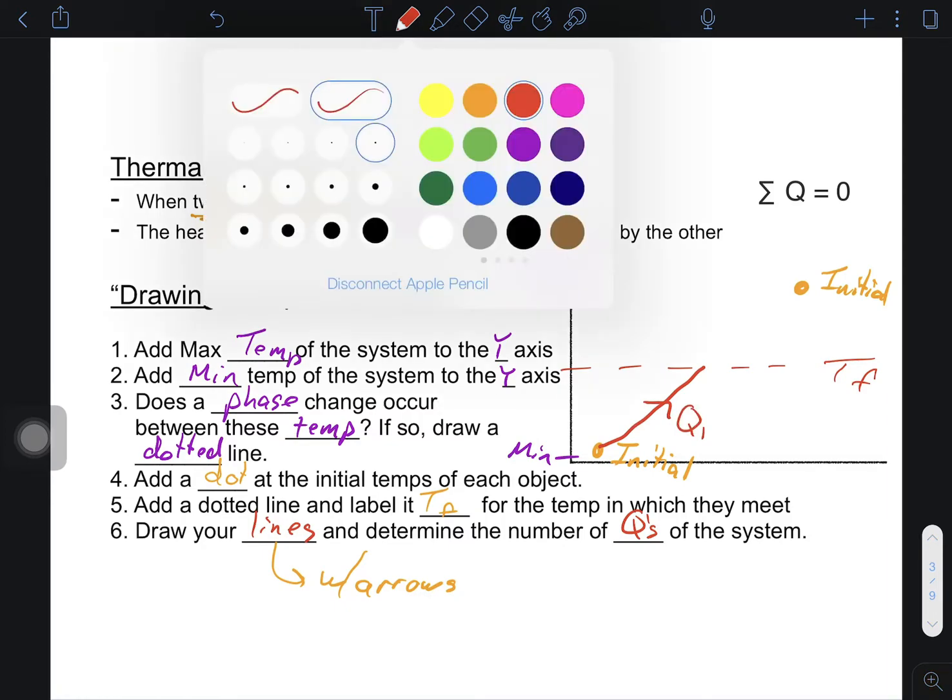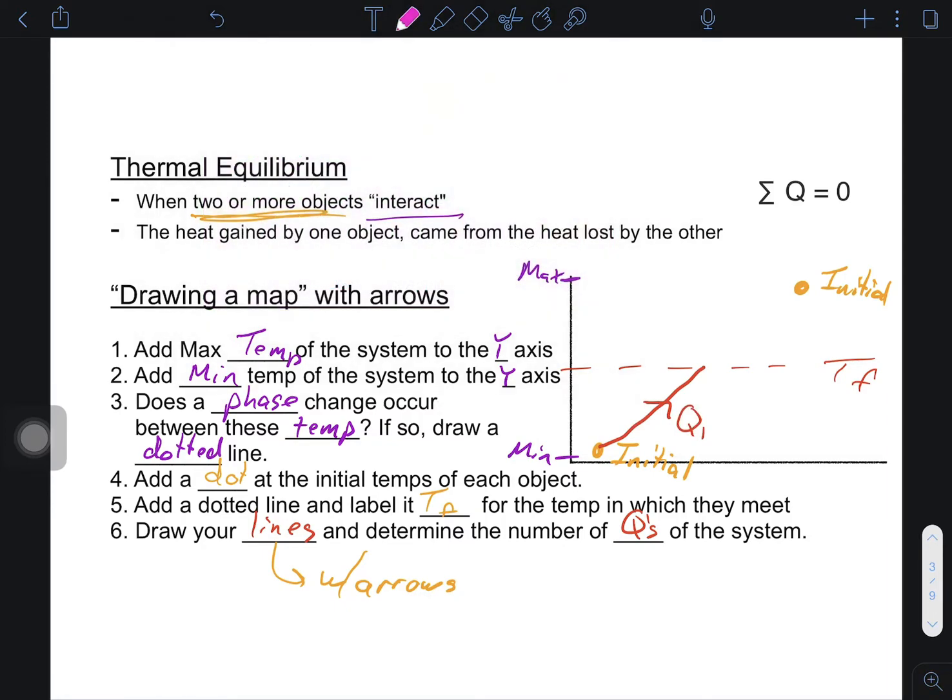And I can call this Q1. And then this other object is going to cool down, and we can call that Q2. Now, I called this one Q1 and this one Q2, but it doesn't matter. We could call this Q1 and this Q2. It's just record keeping. That's all it is.